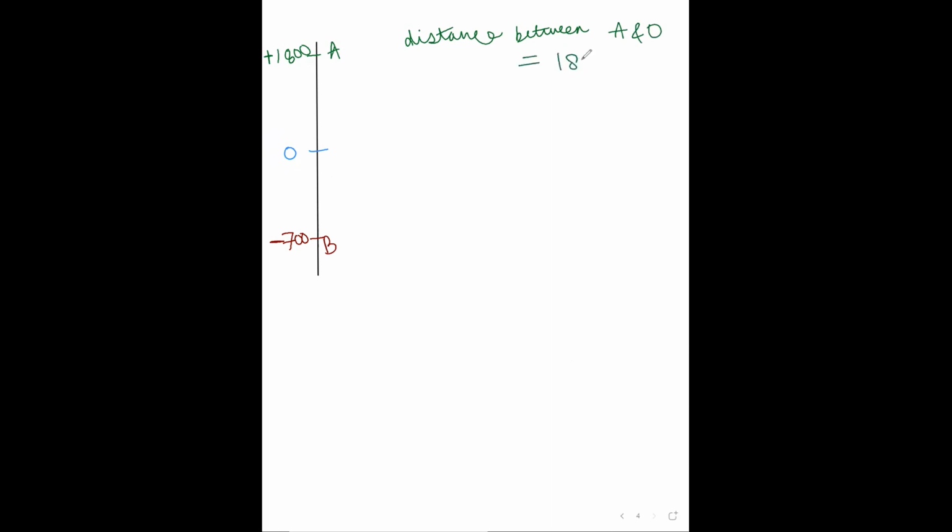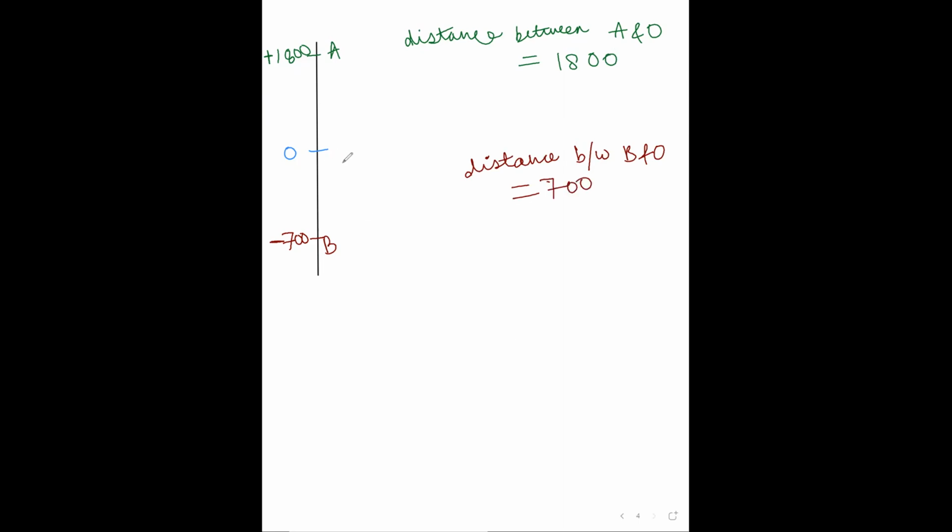Yes. What is the distance between B and O? 700. Yes, very good. By the way, this symbol means between, if you weren't aware of that.